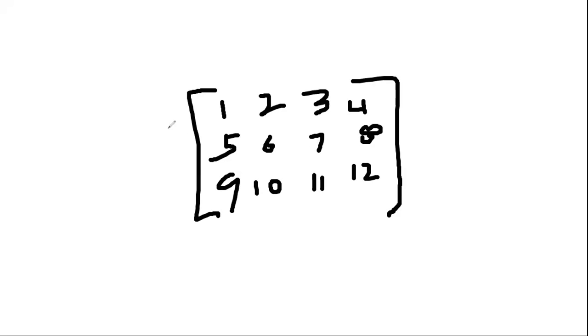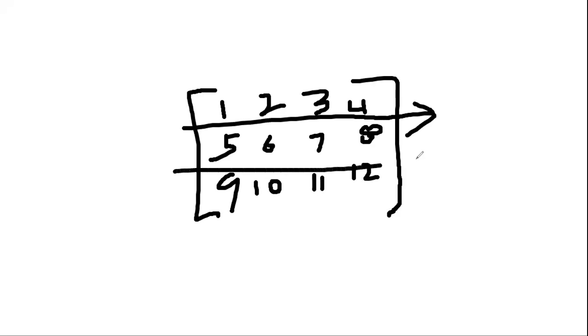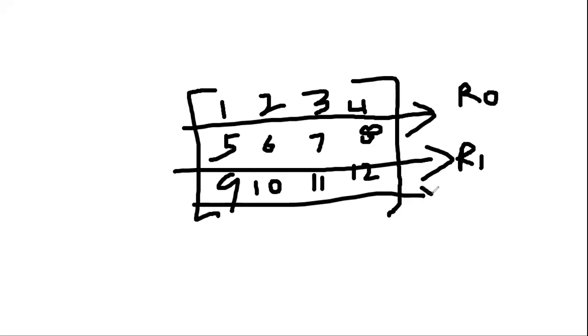Here you need to divide this array in the form of rows and columns. Indexes always start with 0 only. So the first row corresponds to R0, that is the 0th row, and the next corresponds to row 1, and like that row 2. Like that, we need to classify the different rows present in the array. After this, we need to classify the columns also.